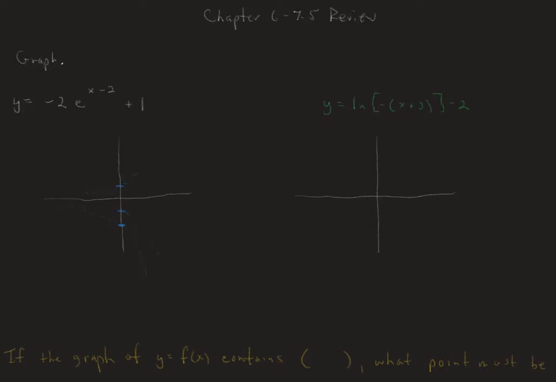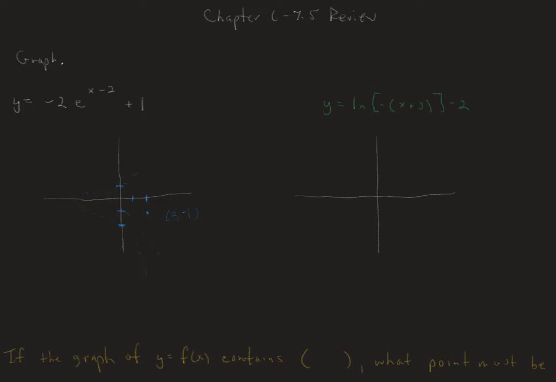Then we're going to move everything right 2 and up 1, so going right 2 and up 1 is going to move that point that was at 0, negative 2 to now be at 2 comma negative 1, and it's going to move that asymptote, which was the x-axis.